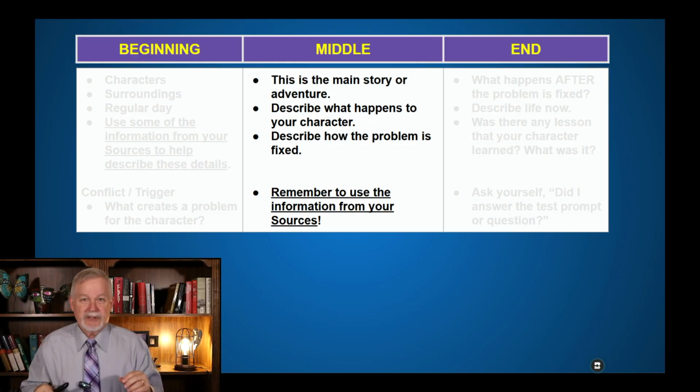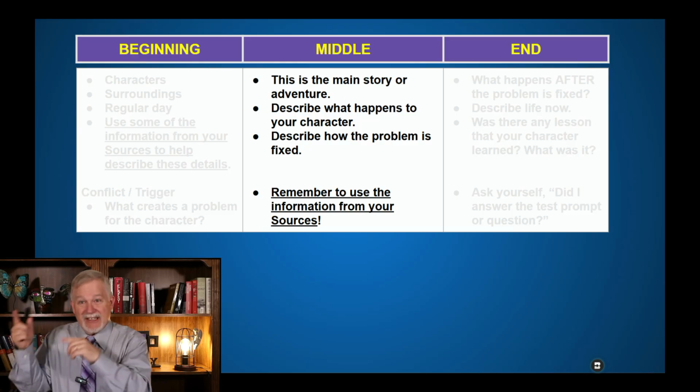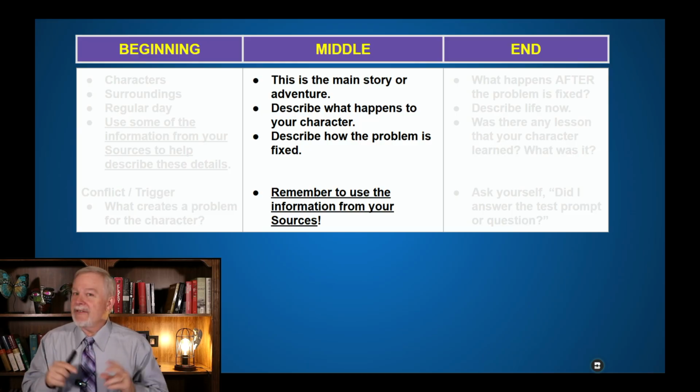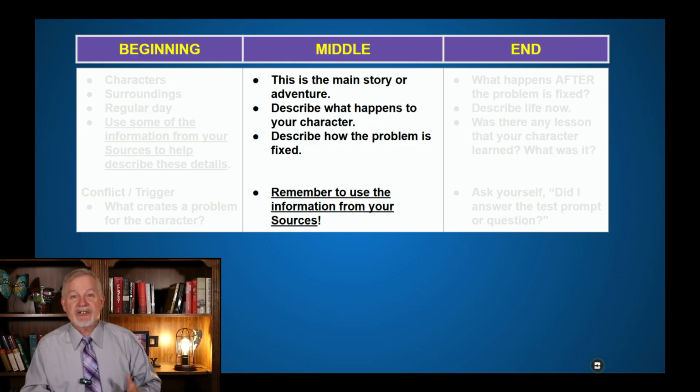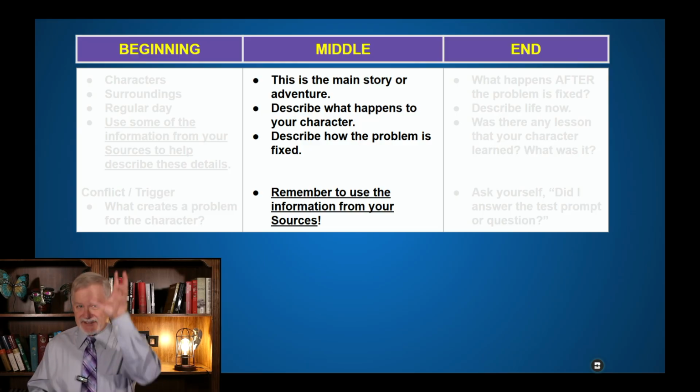Source 2, source 1. Okay? You're just telling the reader this is where, even though this is a make-believe story, I'm using real information from the reading to kind of describe and make this story more realistic, more true to life. Okay? That's the middle section.